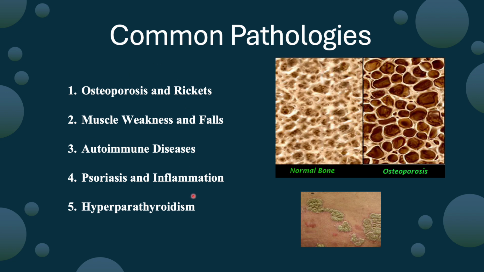They all kind of play on top of each other. They're intertwined. But overall, vitamin D is essential for maintaining those blood calcium levels, maintaining bone mineral density, maintaining skin health, immune health, as well as muscle strength and muscle cell function.